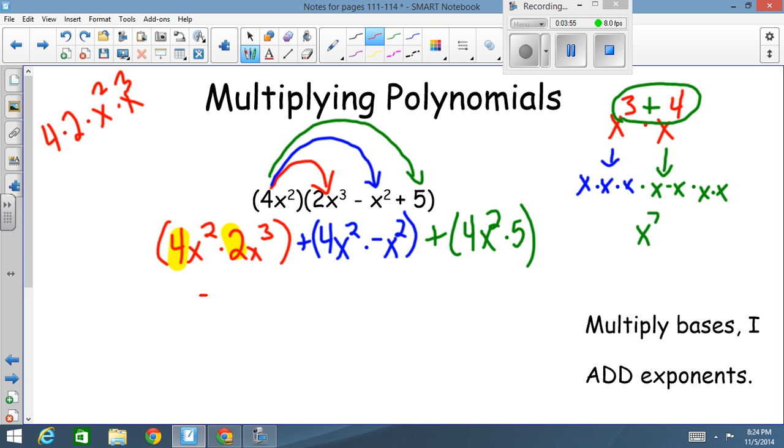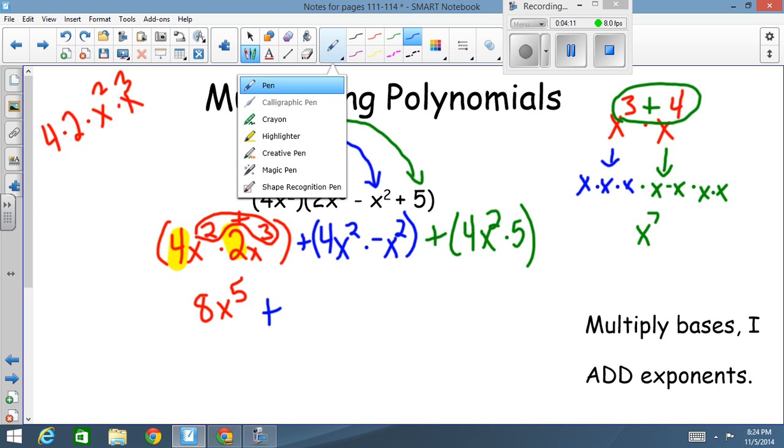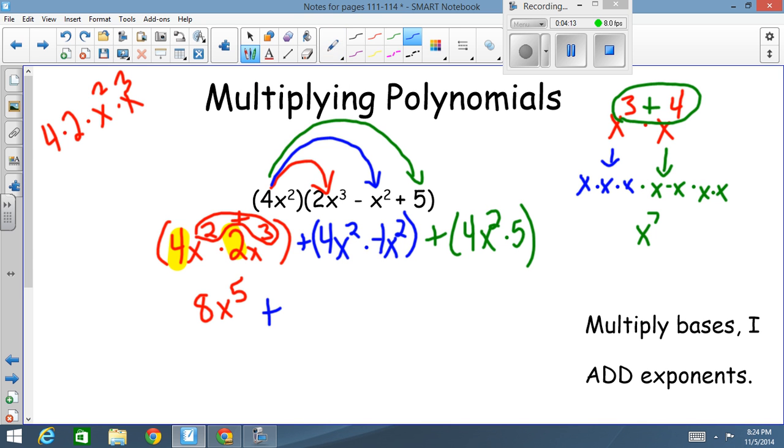So 4 times 2 is 8. And when you do x squared times x to the third, we add those exponents. That leaves me with an 8x to the fifth. Plus, now in the middle here you have a 4 times an understood negative 1. Here's your 4, here's a negative 1. 4 times negative 1 is a negative 4.